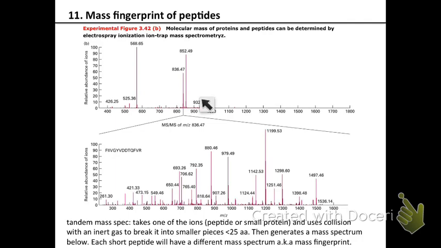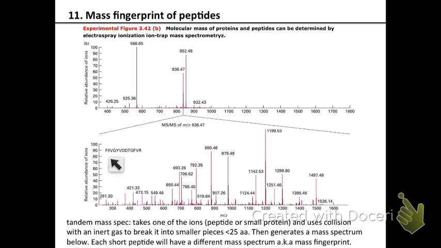So when you do the mass spec again, you're taking, let's say, a 100 amino acid protein, and you break it up into 25 random smaller peptides, and then you pass these through mass spec again, and each of these smaller peptides is going to give you a different mass spectrum, right? The mass spectrum for smaller peptides is going to look something like this.